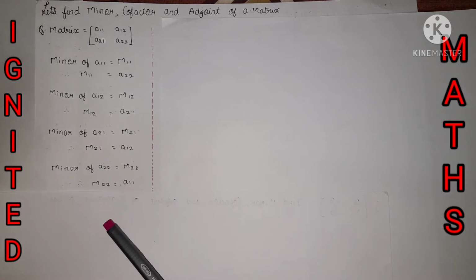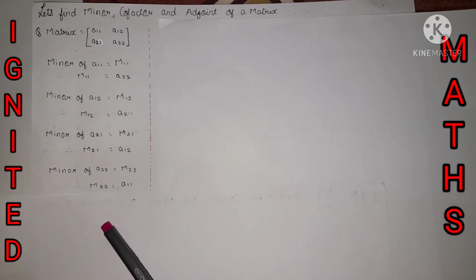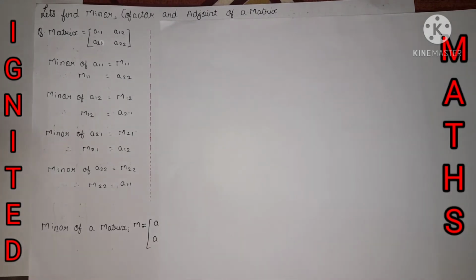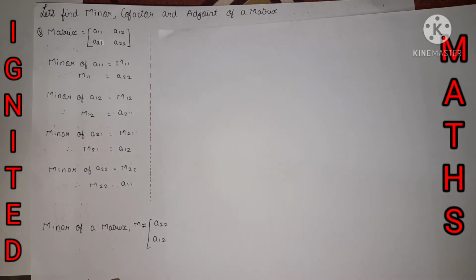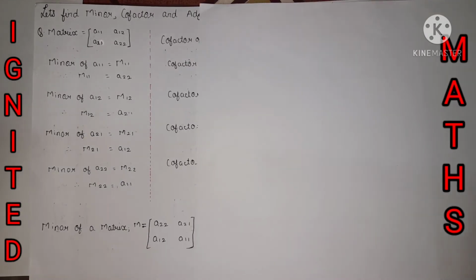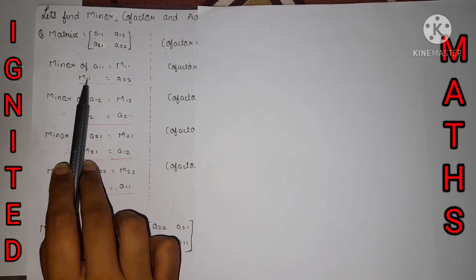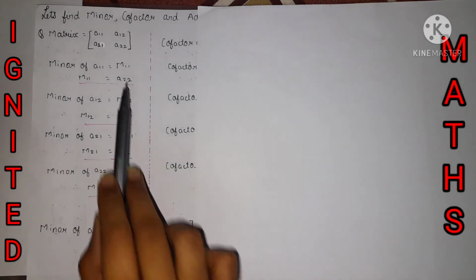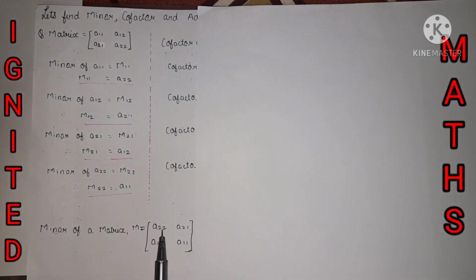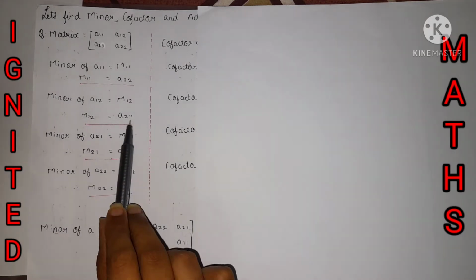Now we need to represent it in matrix form. Over here we have represented it. The minor matrix has M11, first row and first column, equal to A22. That's what we have written over here. M12, minor of first row, second column, is equal to A21.